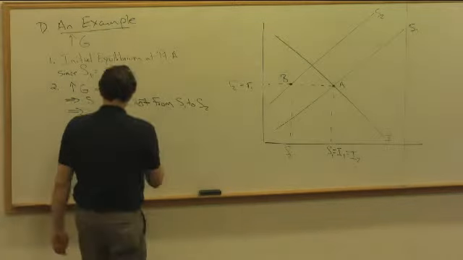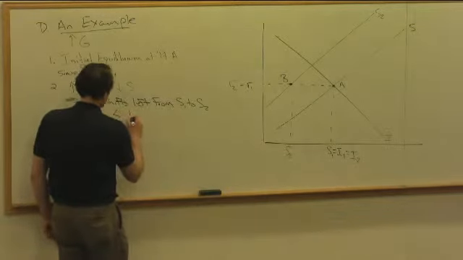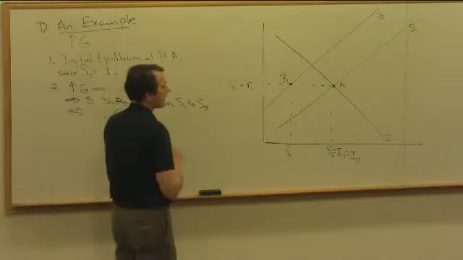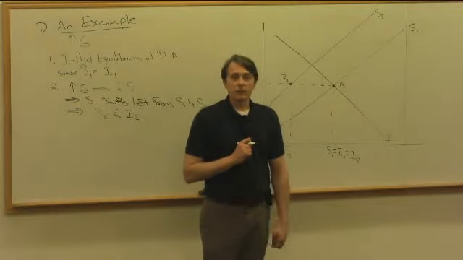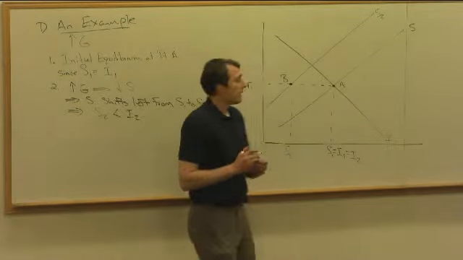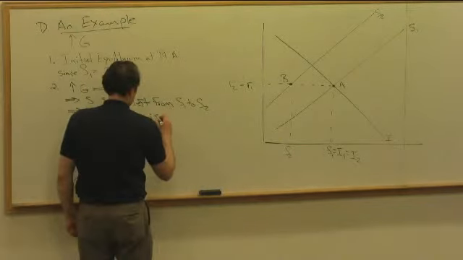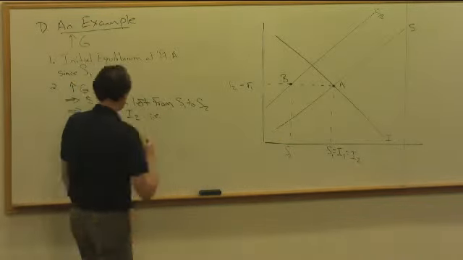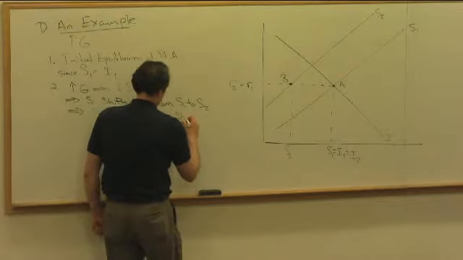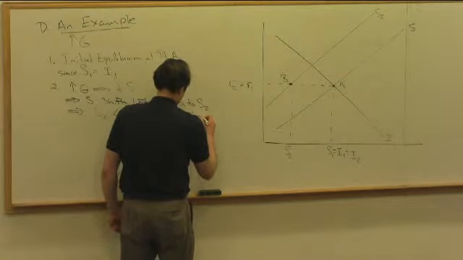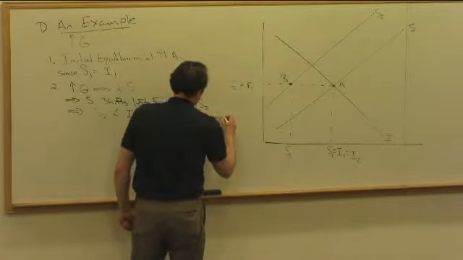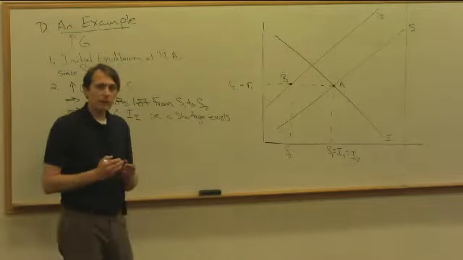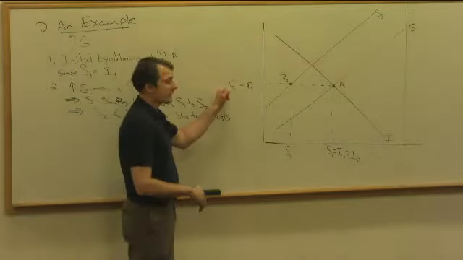That means the amount of savings is now less than the amount of investment that households want to do, and, as we just did in the example, a shortage exists. That means there are some households and or firms out there in the economy who would like to borrow at this interest rate who can't.